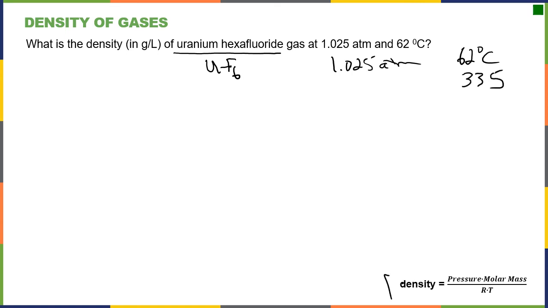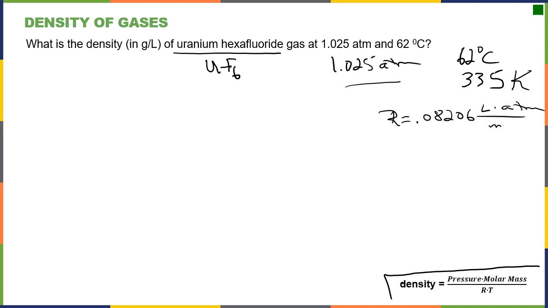And if we want density, our equation is right here. We need the pressure, we need the molar mass, we need the temperature, we need R, and we can get our density. So R is equal to 0.08206 liters atmospheres per mole K. If we add this up, we can get a molar mass of UF6 of 352 grams per mole.